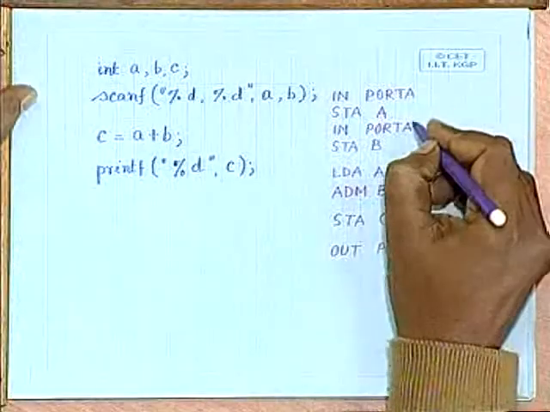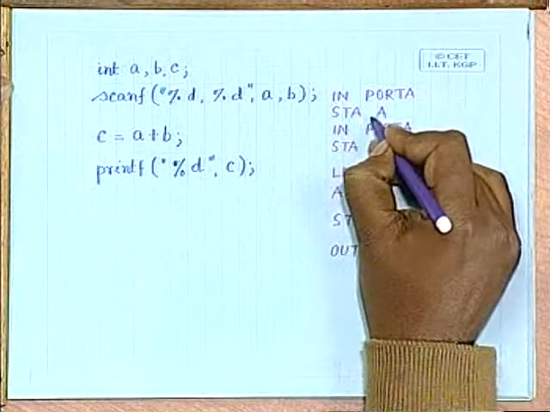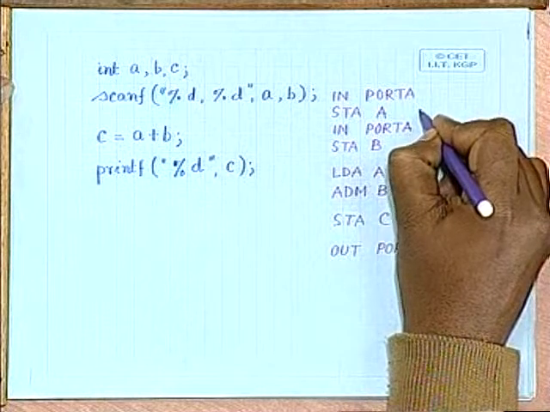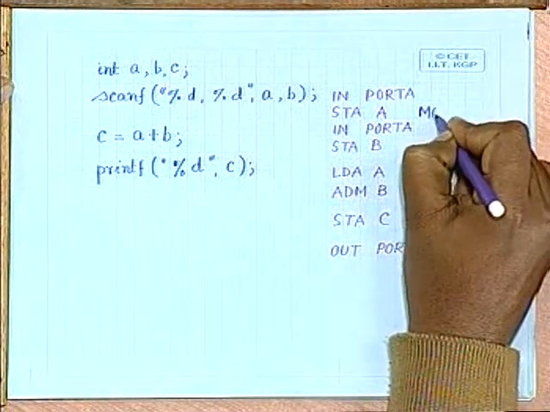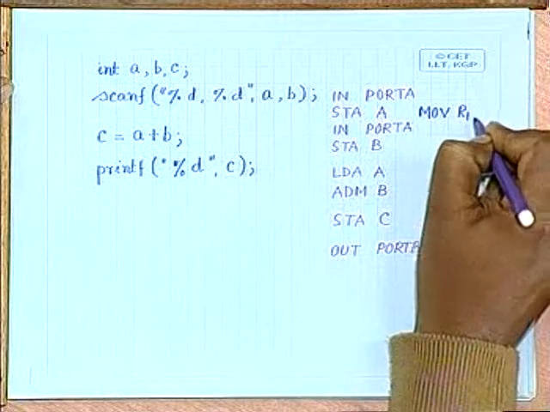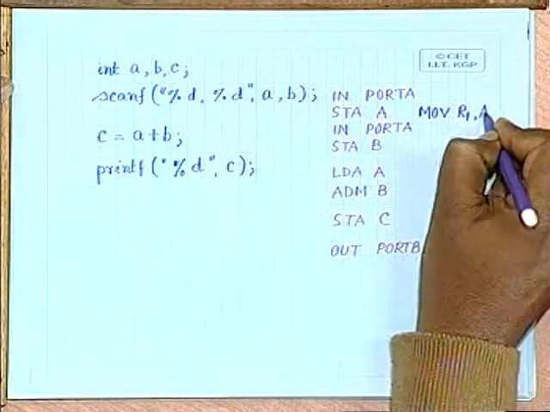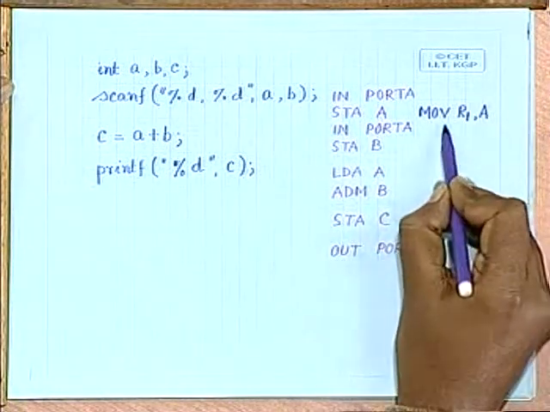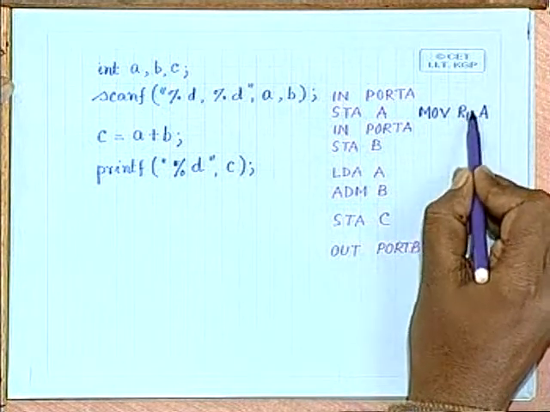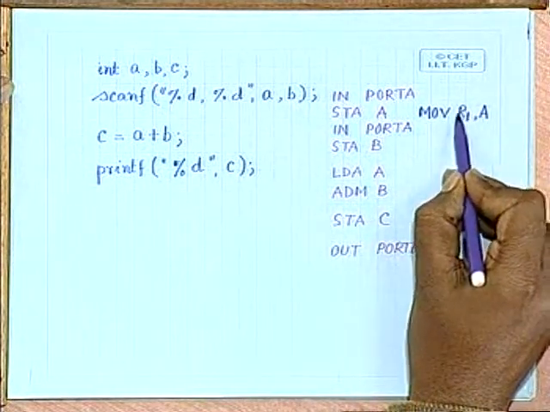Then, instead of this store accumulator to the memory location A, here I can simply have an operation like move R1 comma A. It says that data is moved from the accumulator to register R1. R1 is an additional register within the CPU.